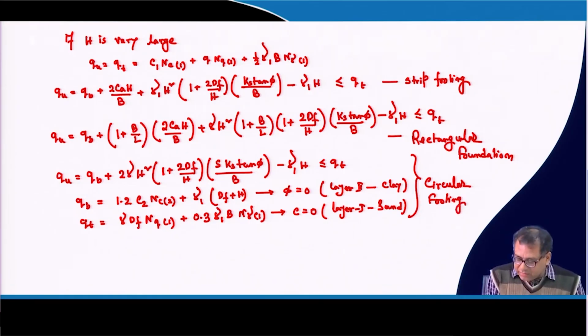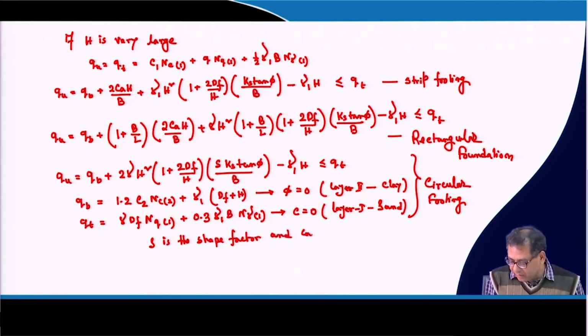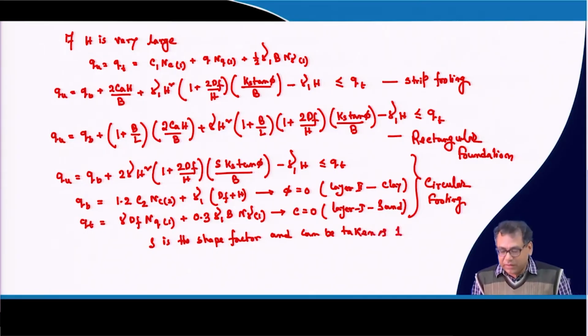Okay. Now, here there is a term S. This S is a shape factor and can be taken as 1. So, that means we have given the equation for 3 cases.